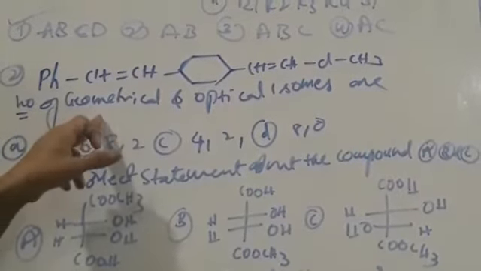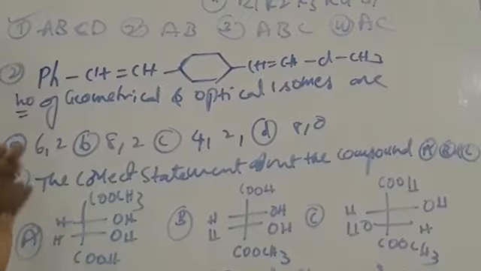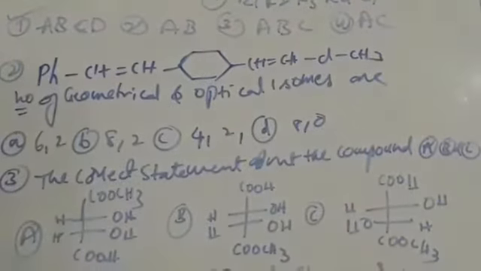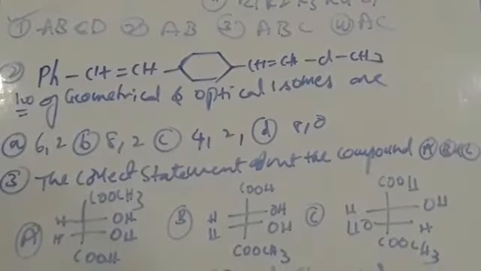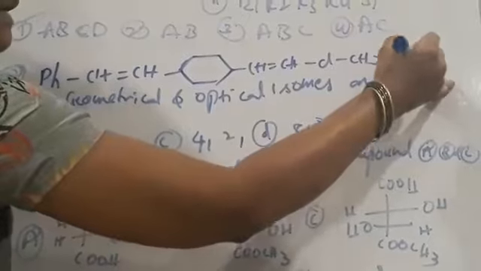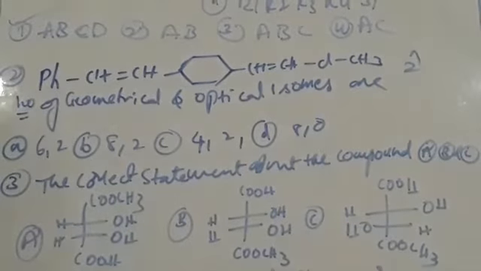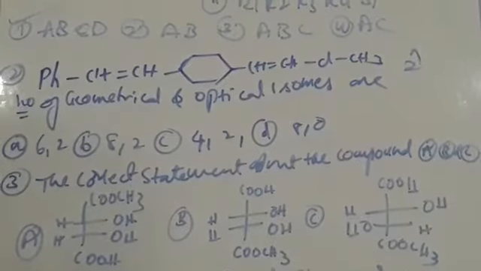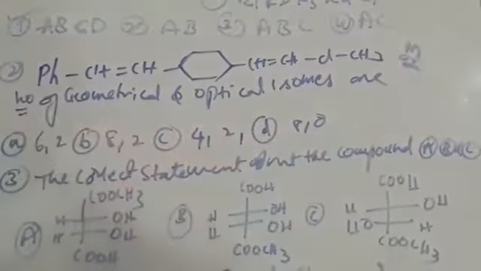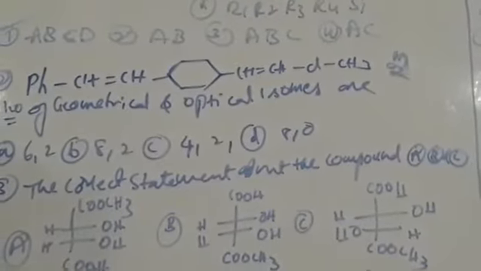First, coming to geometrical isomers. This is a compound having different ends. If different ends are there, we use the formula 2 to the power n to calculate the geometrical isomers. Here n indicates the number of double bonds.